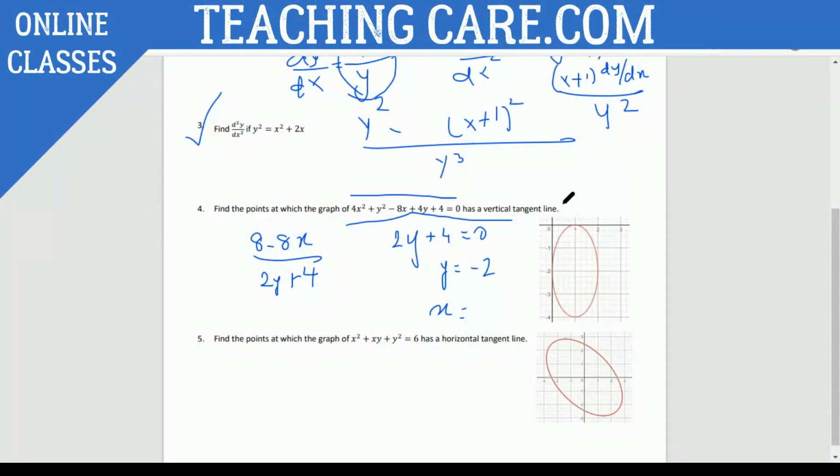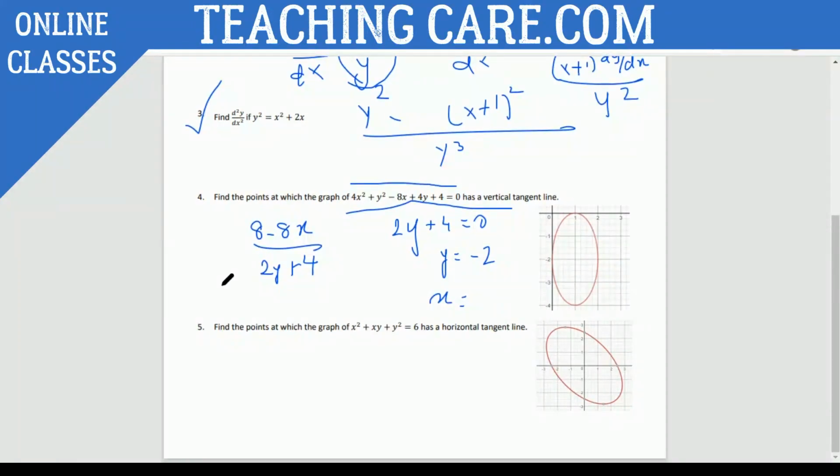I'm getting 0 and 2. Yeah, 0, 2. Correct. So the coordinates you will write as (0, negative 2) and (2, negative 2).